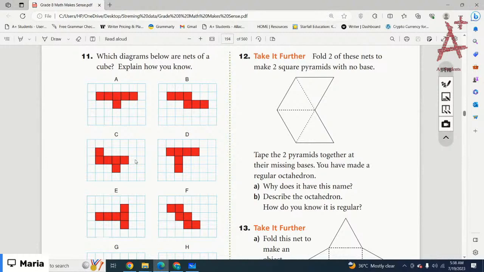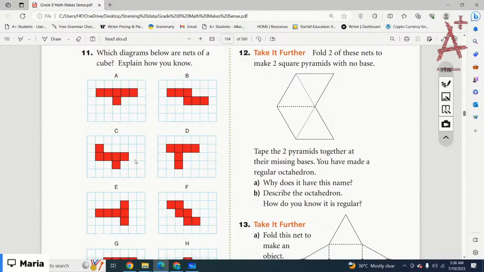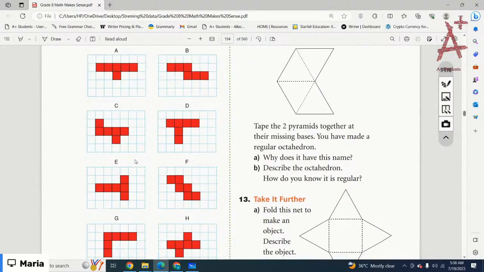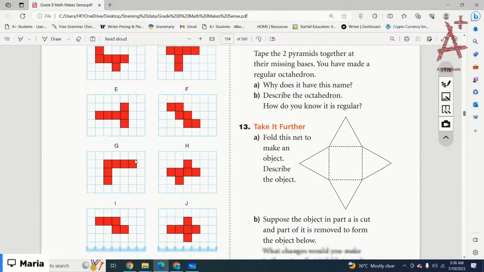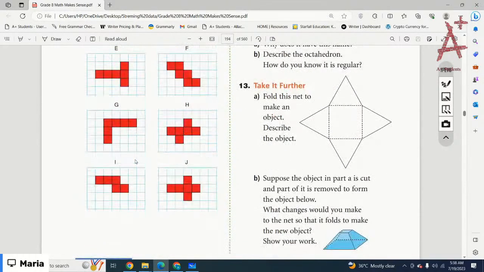C is a net of a cube. D is not a net of a cube. E is a net of a cube. F is also. H is a net of a cube and I is a net of a cube. Got it?